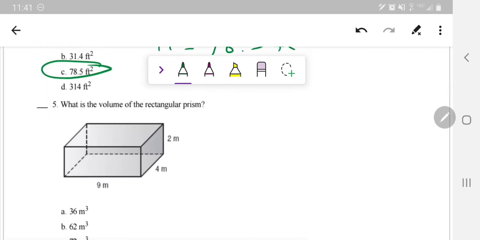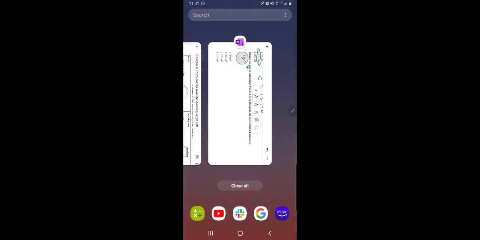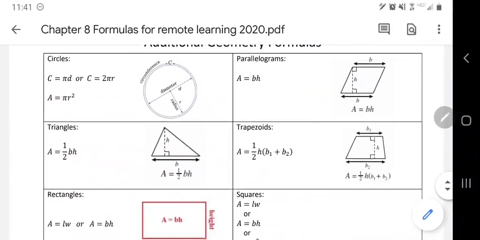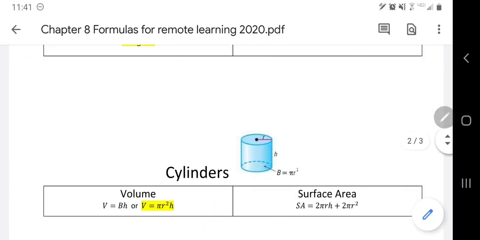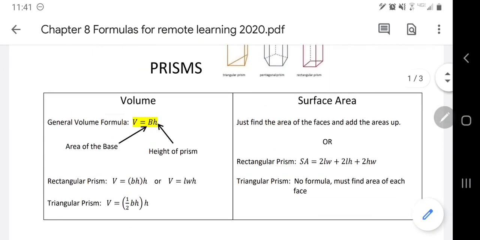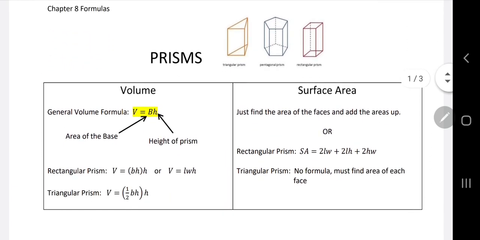All right, now we're going into three-dimensional measurement. How much space is inside this rectangular prism? Well, let's go check it out formula-wise. All right, formula-wise, we're not in two-dimensional shapes anymore. We need to go find prisms. Where are they? There you go, prisms.